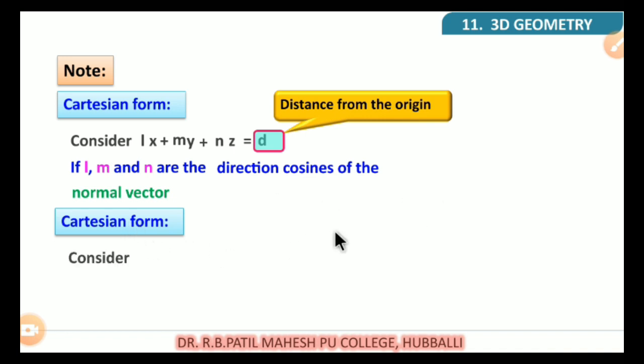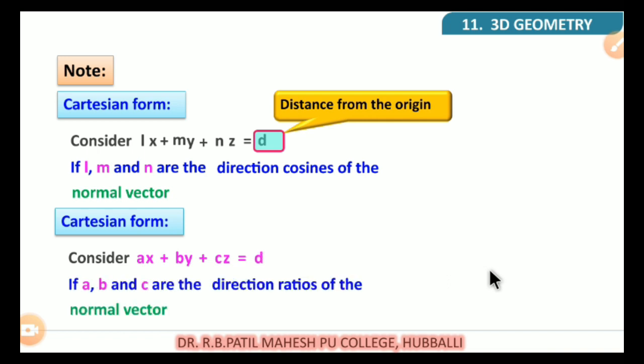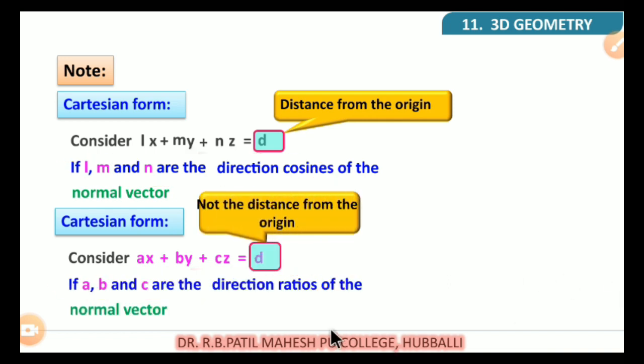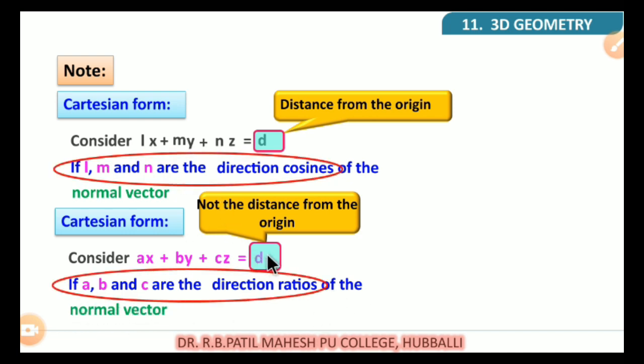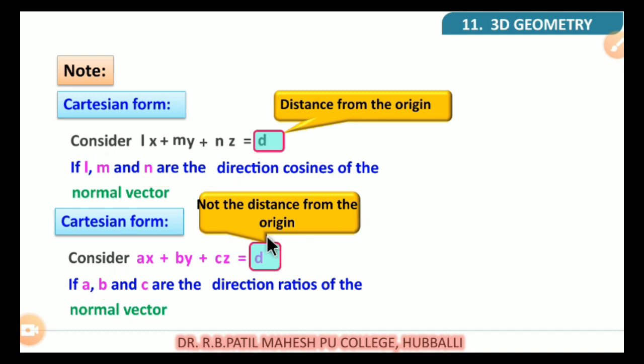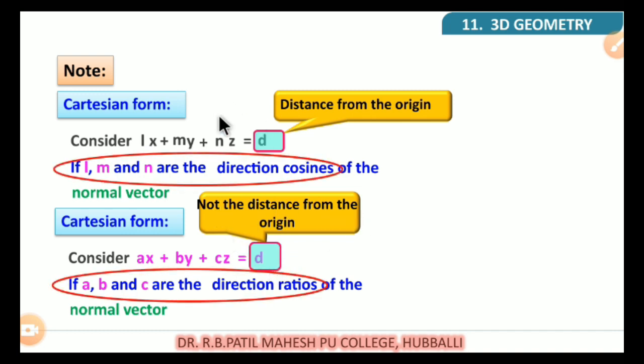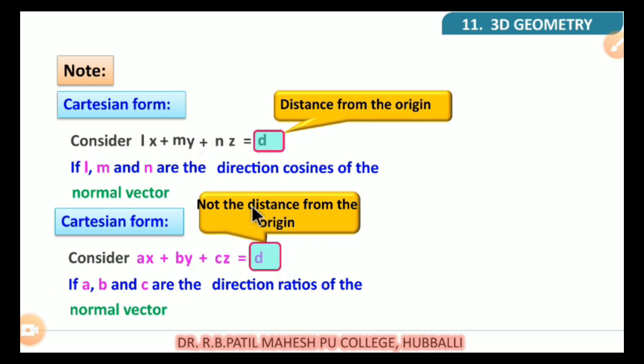But in another case, consider again the Cartesian form, that is Ax plus By plus Cz equals d. If A, B and C are the direction ratios of the normal vector, then in this case d is not the distance from the origin. So please students, remember these two forms here.